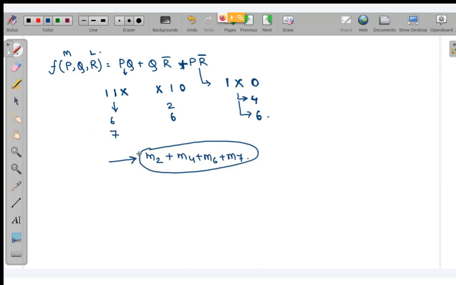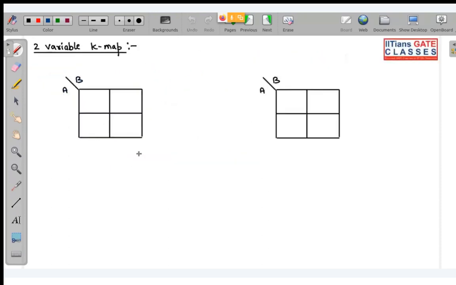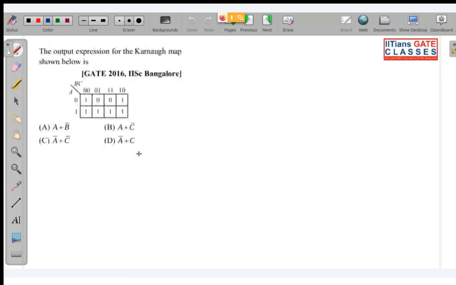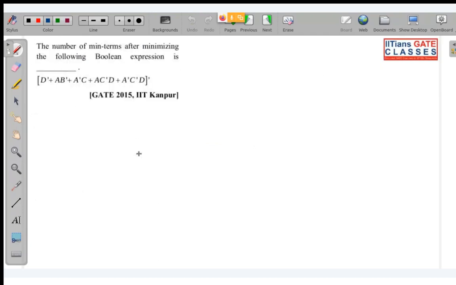If any doubts, let me know. This is a far simpler method to solve, a very simple method. Now I have one more question based on this. Very quickly tell me what will be the expression you get after minimizing.